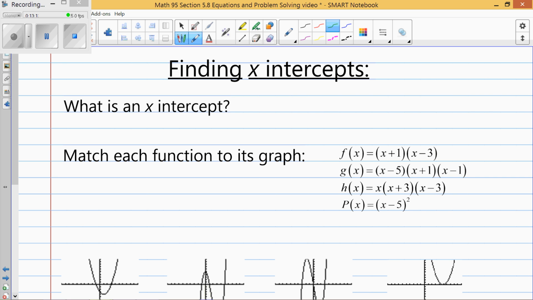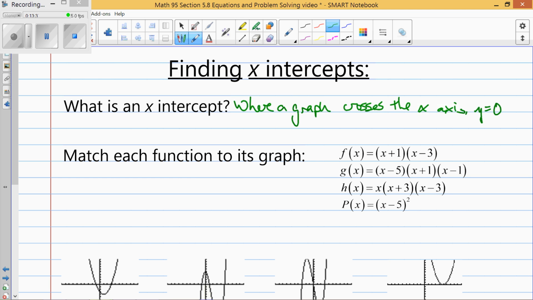let's talk about an x-intercept. An x-intercept is where a graph crosses the x-axis. Y equals 0.